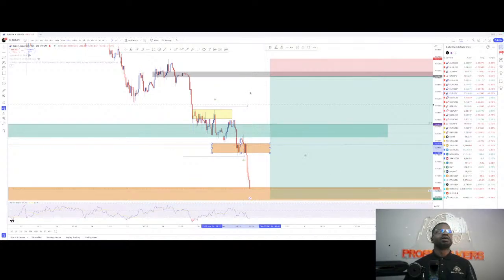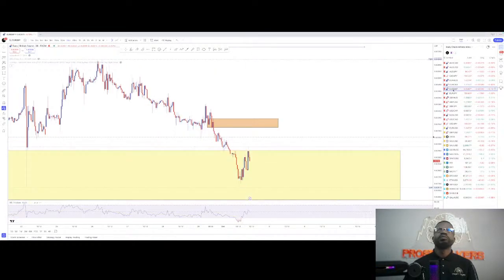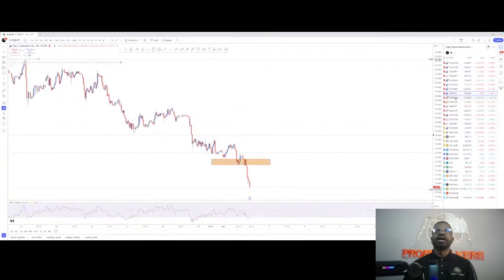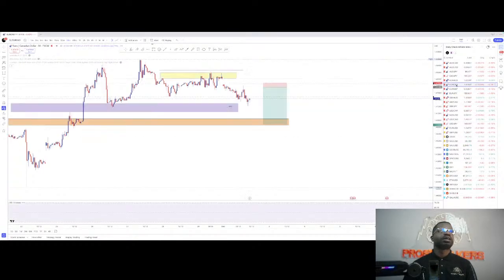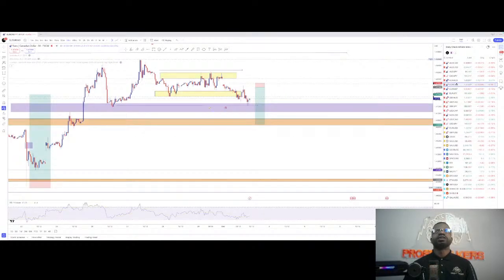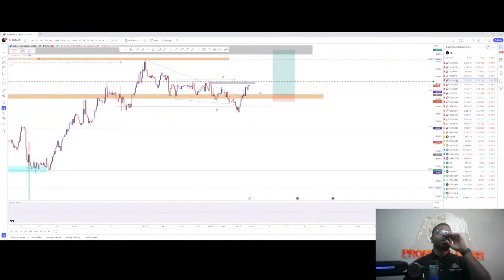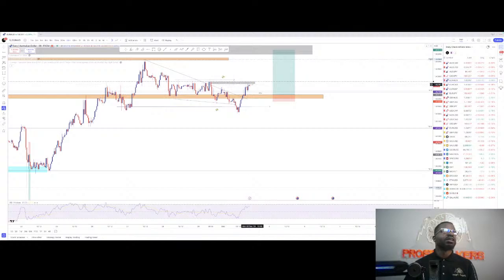Okay, we are deep in profit on Euro JPY. Euro pound did not activate. We are in profit on Euro CAD, waiting to see what happens down here at this structural level. We are waiting to see how Euro AUD plays out as well.